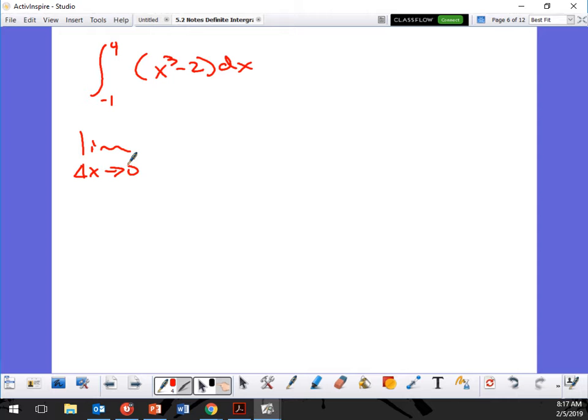Now, delta x, what did I say delta x is? That's my thickness, right, of every one of my rectangles. And I'm going to take the sum where n should be going to infinity. That's a delta x here.